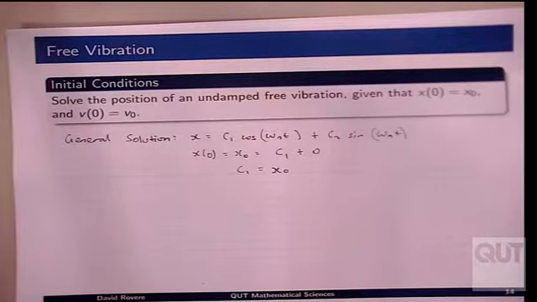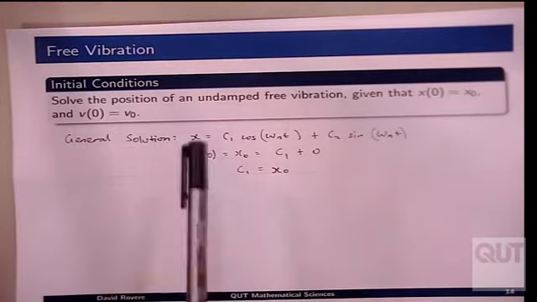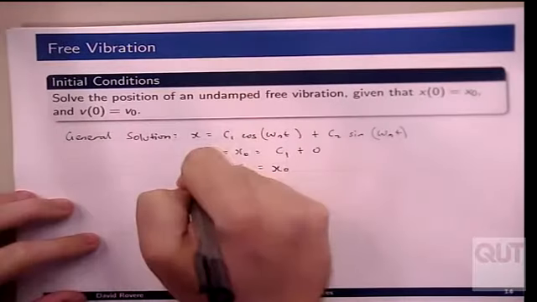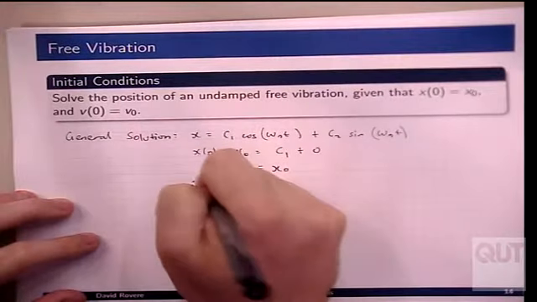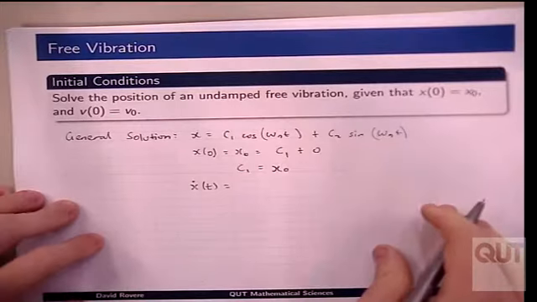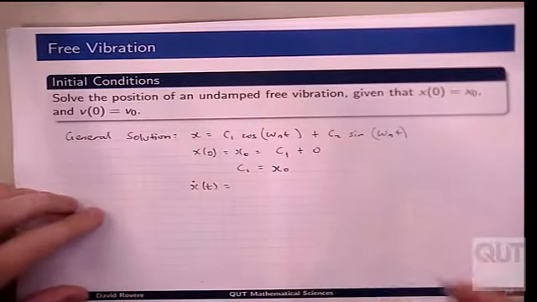Now I have a second unknown, C2, which I can solve with my second initial condition. Right? But that initial condition is for velocity, for x dot. So I'll have to derive x with respect to time before I can apply that initial condition. The derivative of cos is negative sine, right?